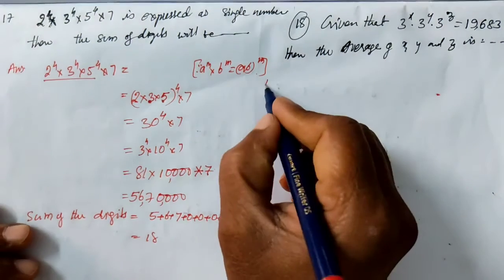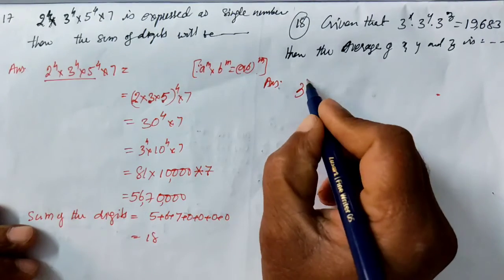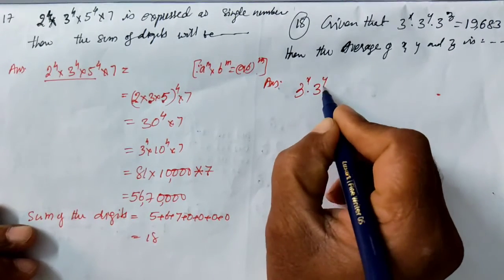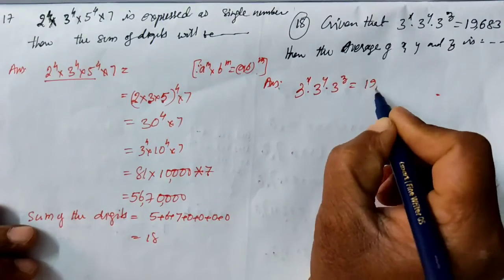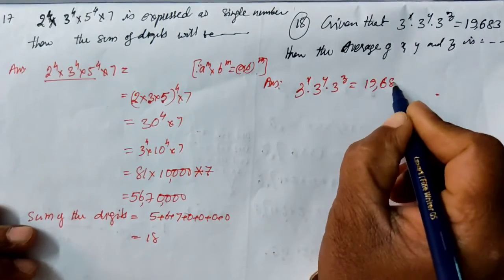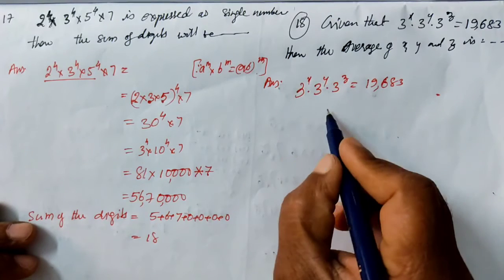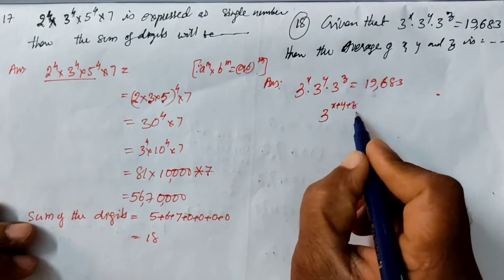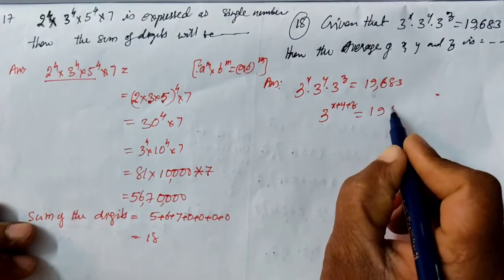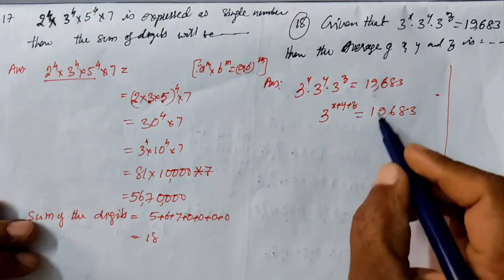So the answer is 3 to the power of x into 3 to the power of y into 3 to the power of z is equal to 19,683. So this is equal to 3 to the power of x plus y plus z is equal to 19,683.